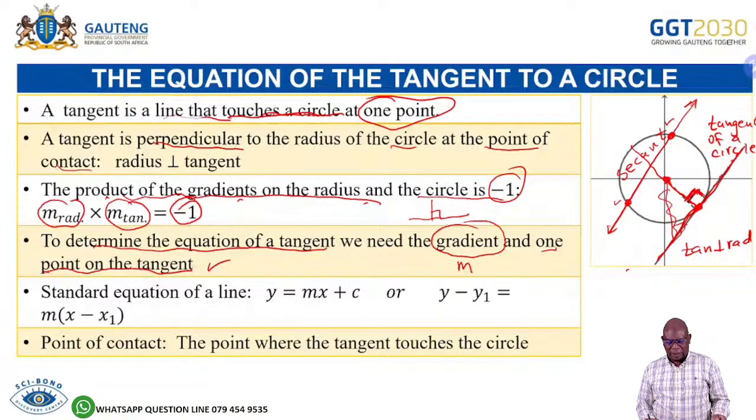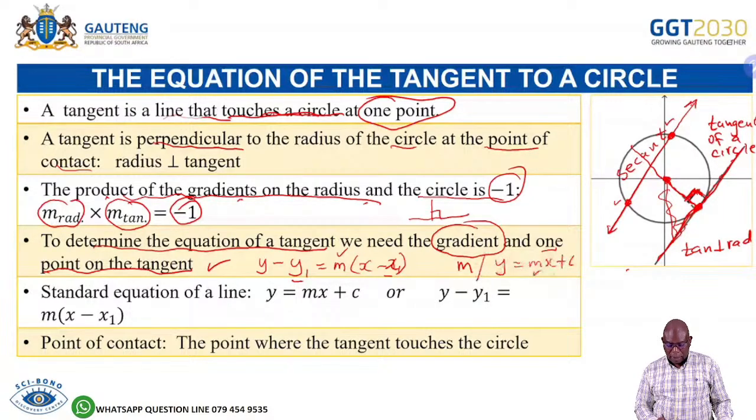Remember, the tangent is a straight line, which means the equation of the tangent will be y minus y1 equals m into x minus x1. So if I've got a gradient and a point x and y, I'm able to get the equation of the line. y equals mx plus c will be the same thing.